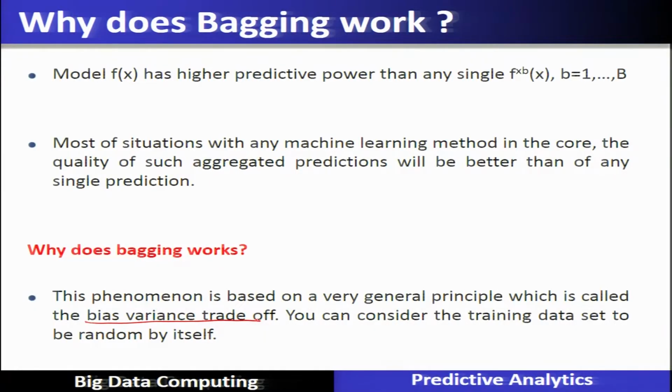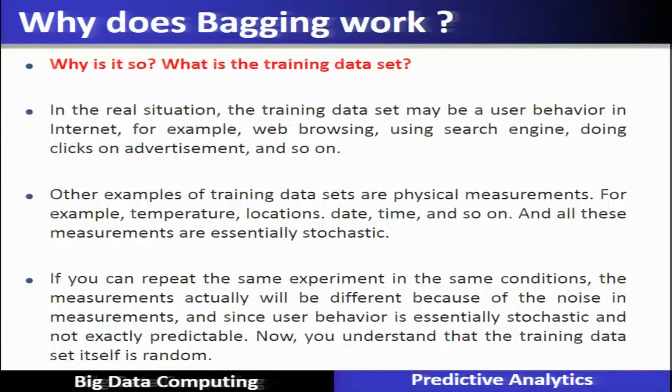You can consider the training data set to be random by itself. In a real situation, the training data may be user behavior on the internet, for example which web pages the user clicks using a search engine, or clicking on an advertisement. Other examples of training data are physical measurements, for example temperature, location, date, time, and so on.